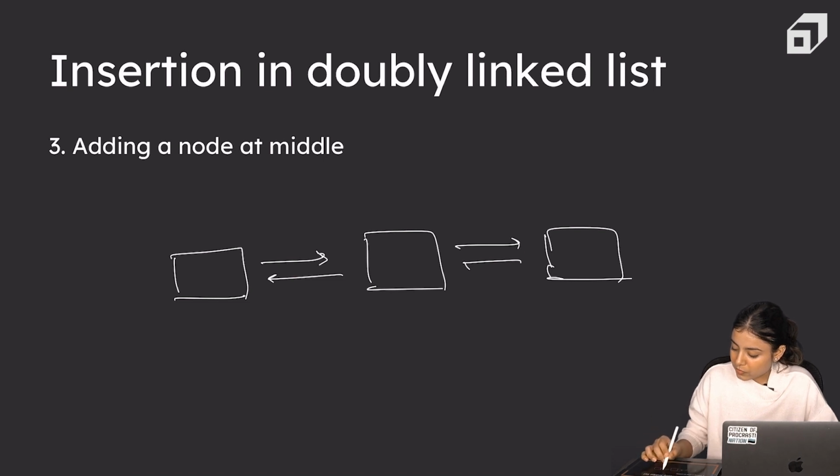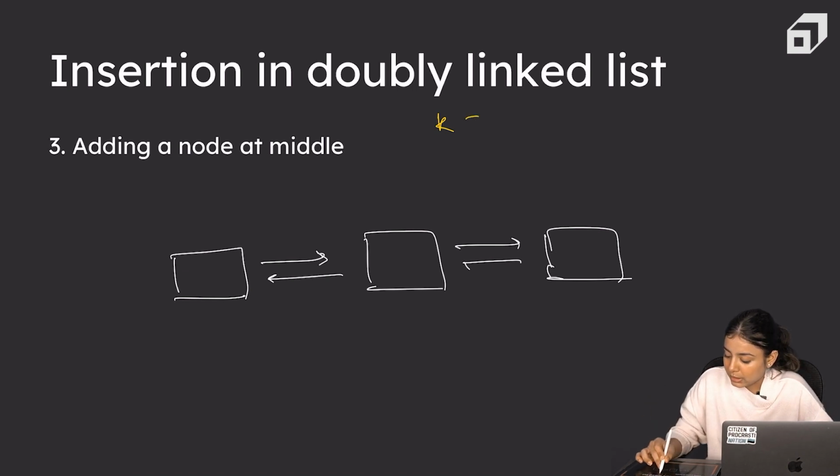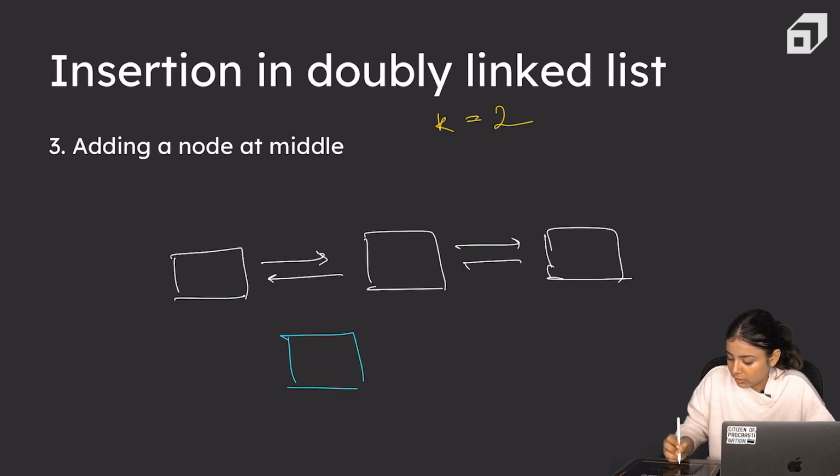Let's assume we are given some value k which tells us the position at which we want to insert my new node, and let's say k's value is 3, or let's say 2. First of all, for adding a node here, I'll have to create a new node, so I created a new node.